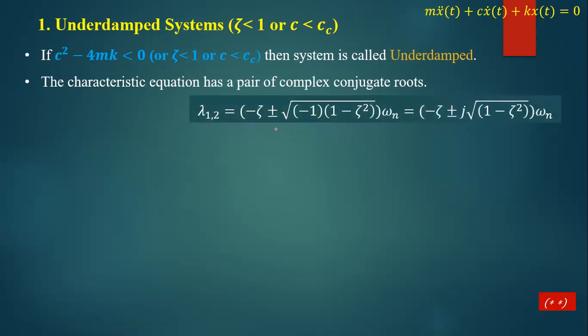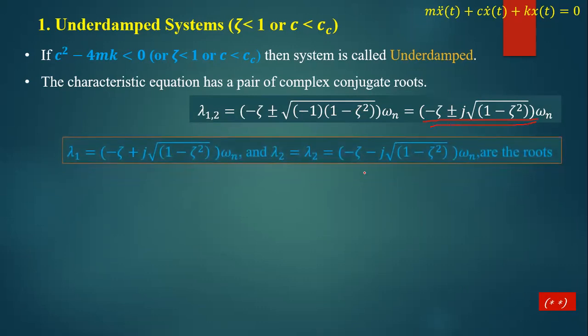These roots are here because zeta is less than 1, so we multiply it by -1. And finally, these are the roots. From here, lambda 1 is minus zeta plus j.